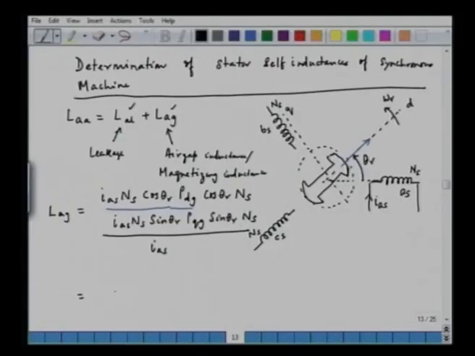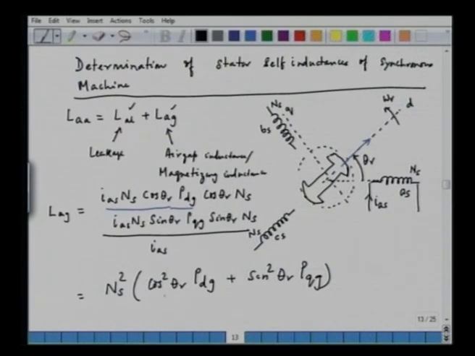So, if we simplify this, what happens here is the following. We can take this NS square common, and then we have cos square theta r into P dg plus sin square theta r into P qg, and this we can again simplify.